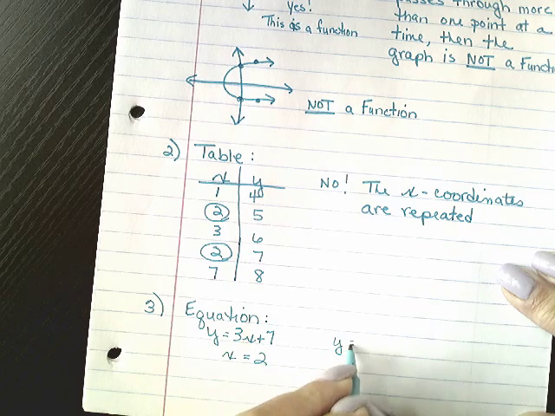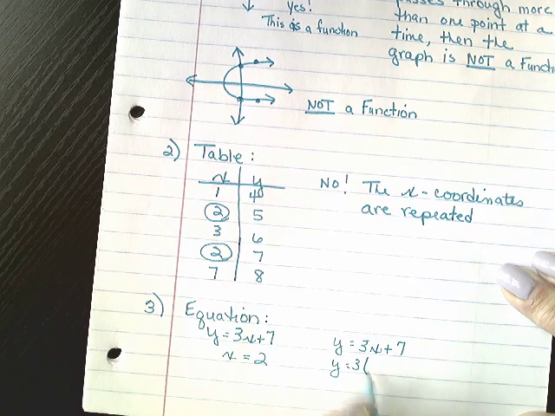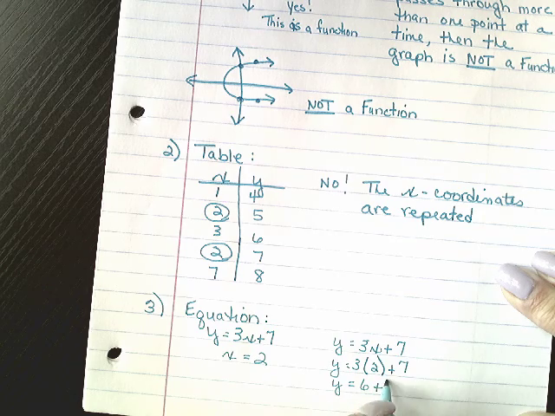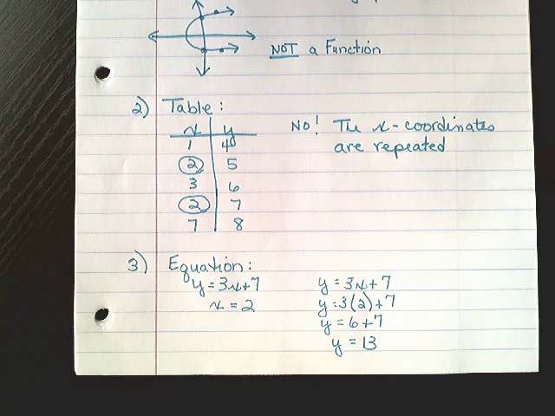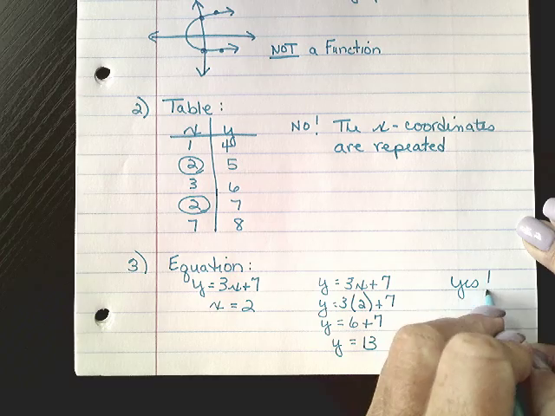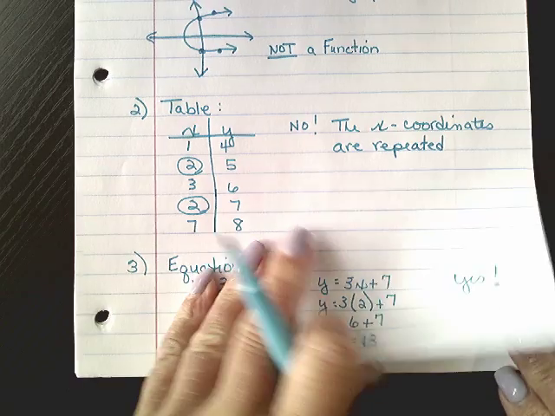So y equals 3 times 2 plus 7, y equals 6 plus 7, y equals 13. If I keep putting that number 2 each time into the equation, I am still going to get 13 as my answer. It will never change. So yes, this is a function.